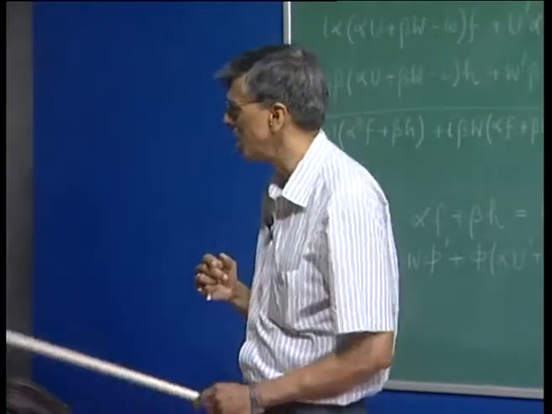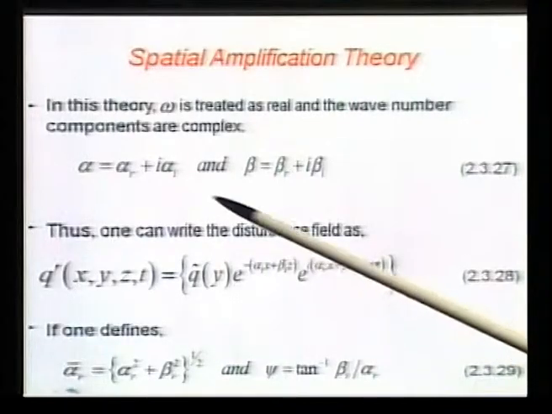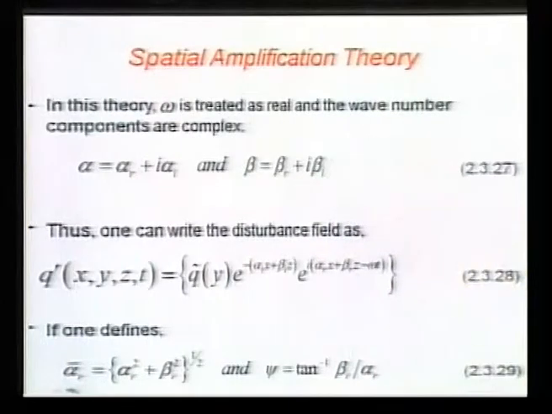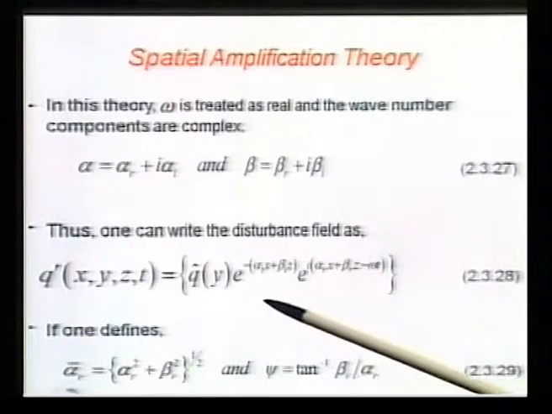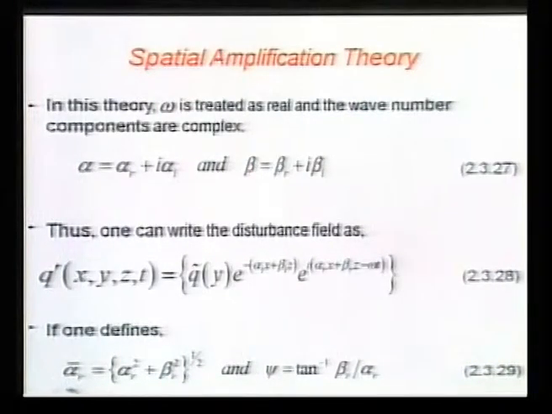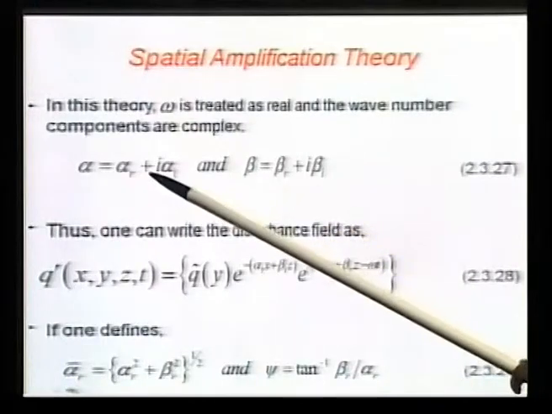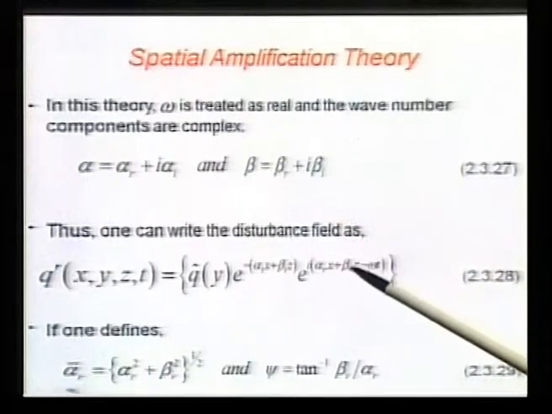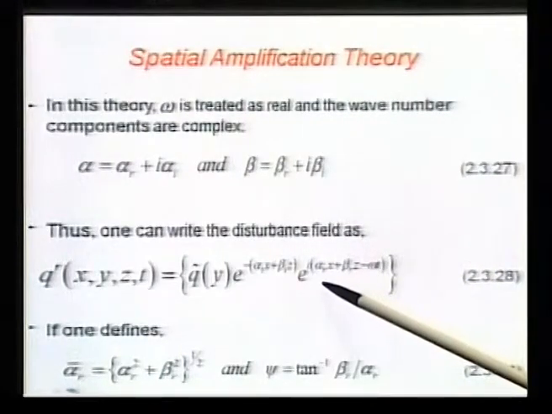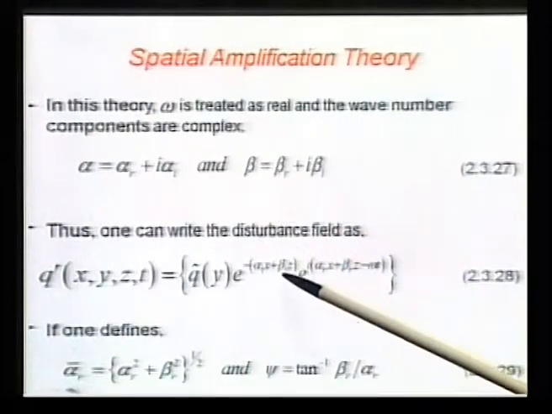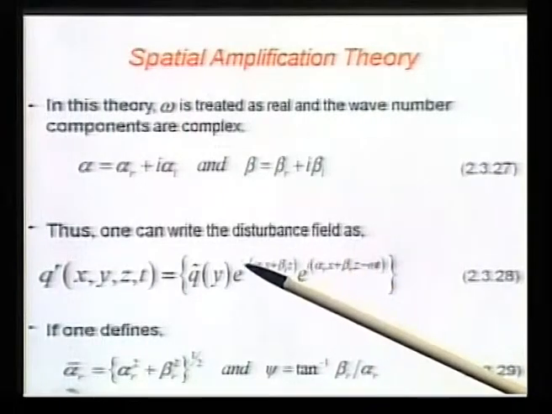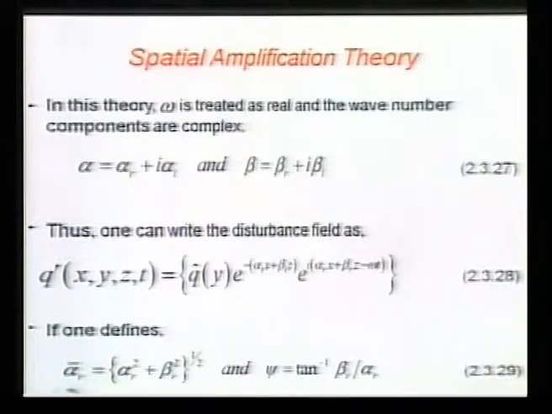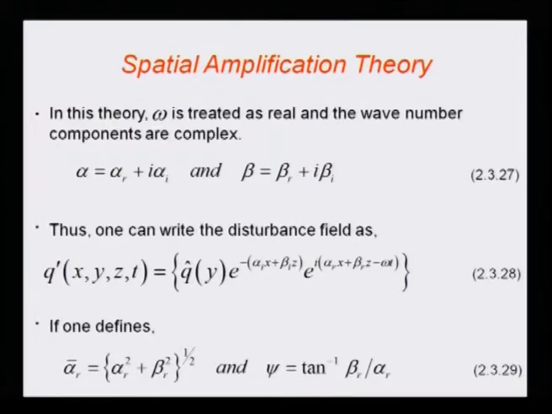Okay. Now, talking about spatial theory, let us consider alpha as this, beta as this, then the disturbance field as a function of space and time. We could write it like this. You can see that the real parts of the wave number components get together to define the phase of the problem. The imaginary parts of alpha and beta bring out this factor, and please note that here it is with a minus sign, unlike what we had in the temporal theory.